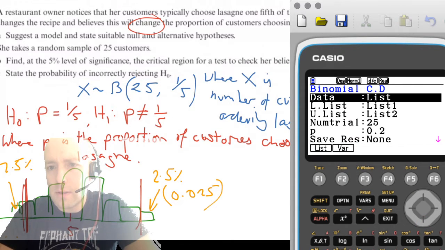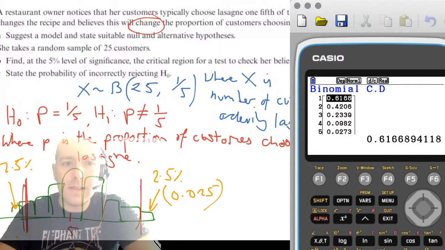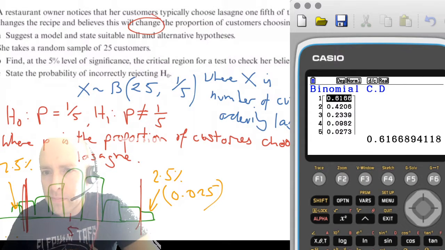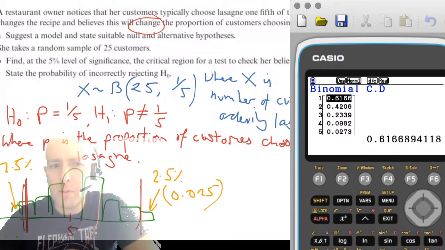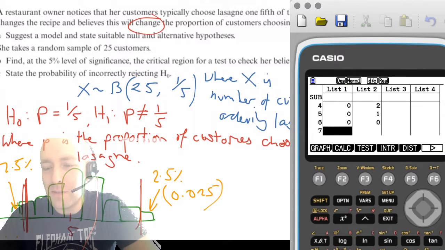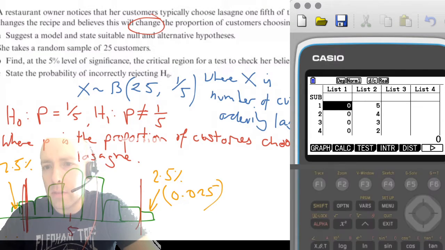Right, so if we go to execute, it's going to give us all the values. So remember we did 5, 4, 3, 2, 1, 0. Let's just go back and check that table. Yeah, so we did 5, 4, 3, 2, 1, 0. Good.